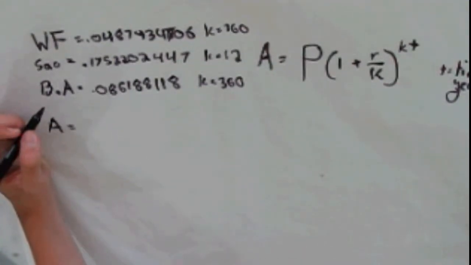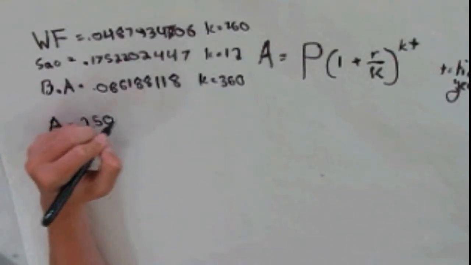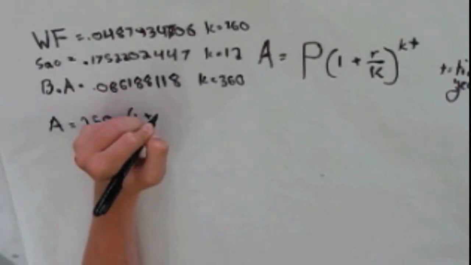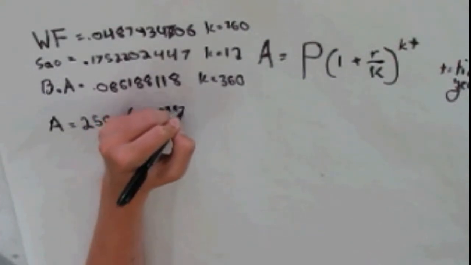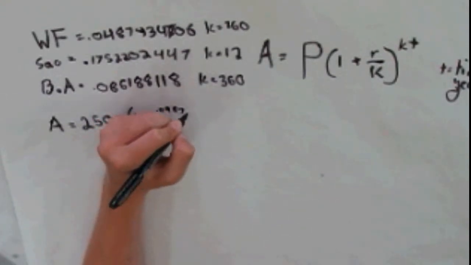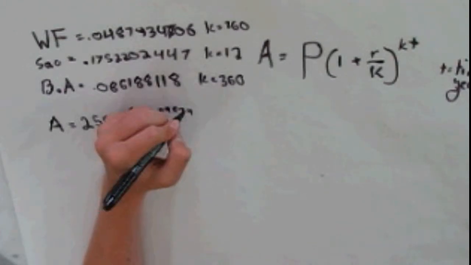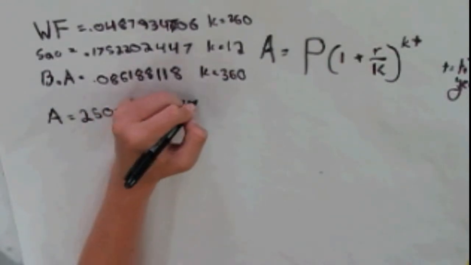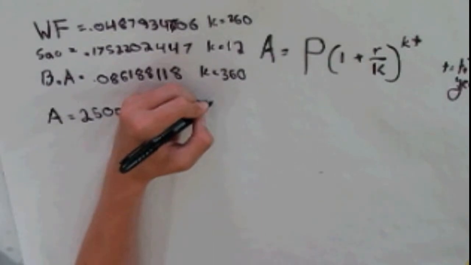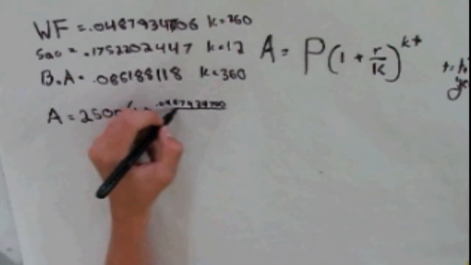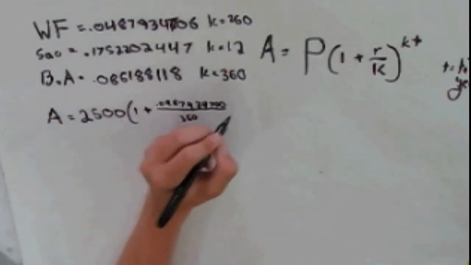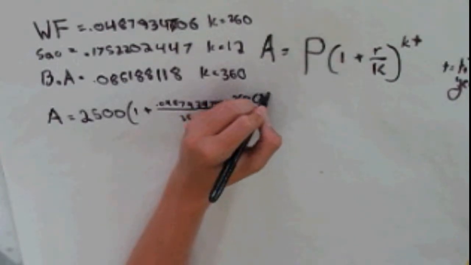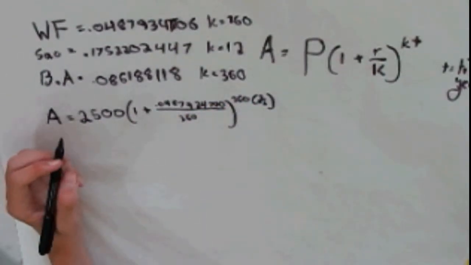A equals 2,500, because that's the initial amount of money we put into the account, times 1 plus 0.04879, oh no, it's a 9, 34,706 all over 360, raised to the 360 times 3 over 12, or 1/4, or 0.25.